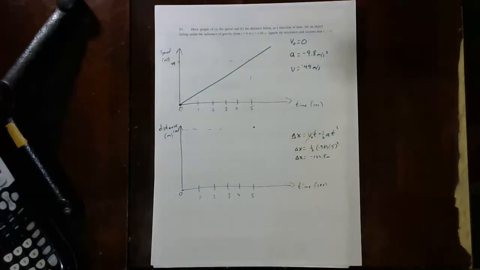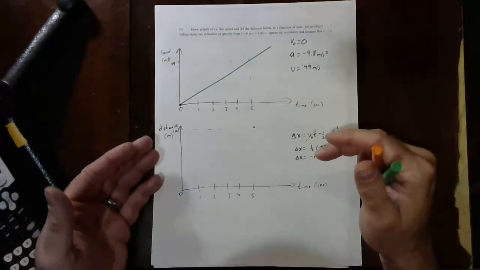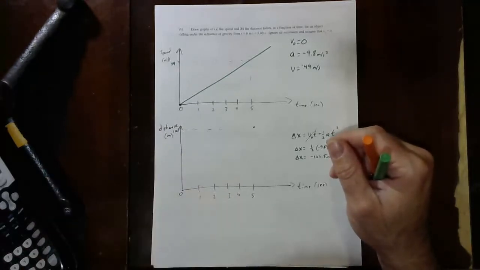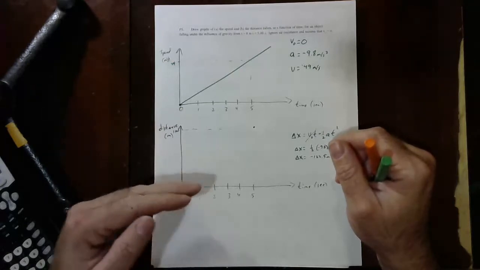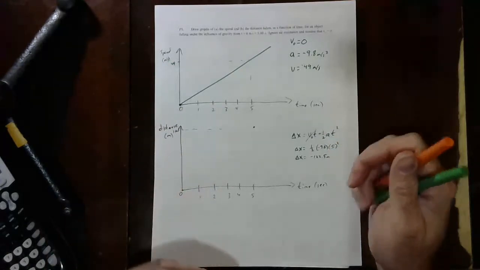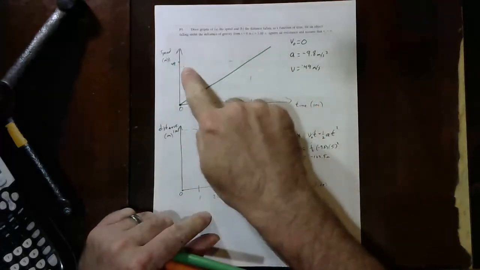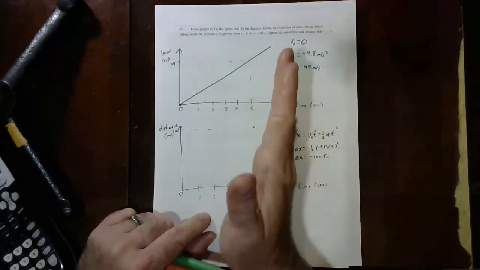But here's the thing. We know that if I had a position versus time graph, the slope of position-time is the velocity. And in this case, the slope of the distance-time is going to be our speed. So we recognize that the speed at the end here is 49. That means we want the slope at the end to be 49. It's going to be really steep.